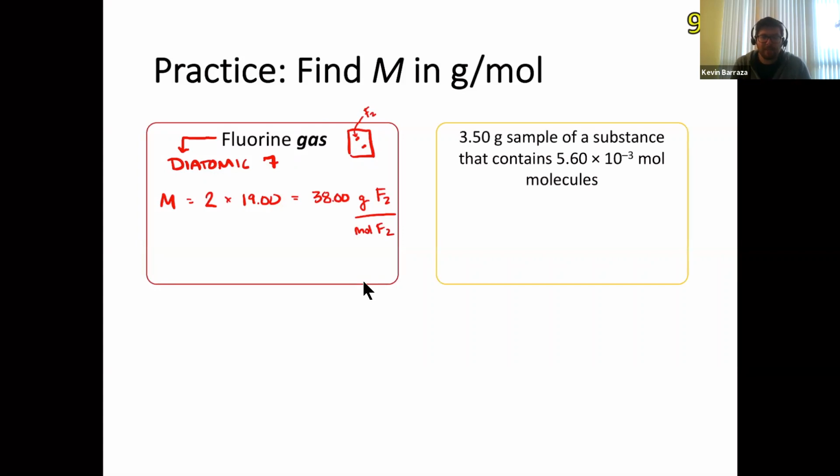How about calculate the molar mass? Again, these are all the same question. In a 3.50 gram sample of a substance that contains 5.60 times 10 to the minus 3 moles of molecules.